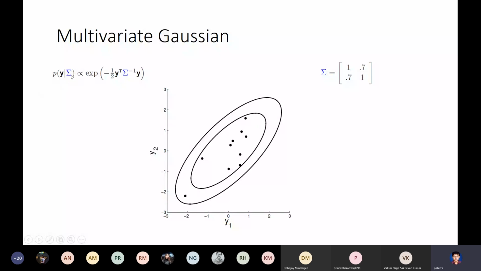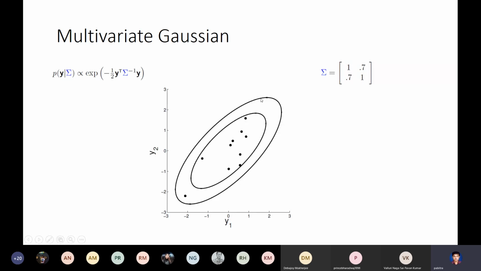If the covariance matrix is sigma, then P(y given sigma), where y is the vector (y1, y2), is proportional to e to the power minus half, and since the mean is 0, y transpose sigma inverse y. What I have plotted, in the z axis, are the probability values. I have taken isoprobability contours, and these are what the contours look like.